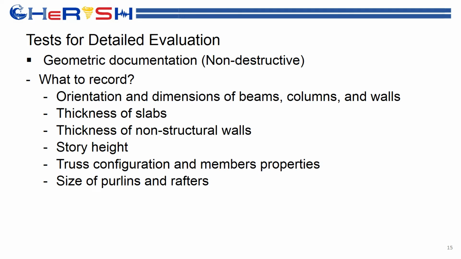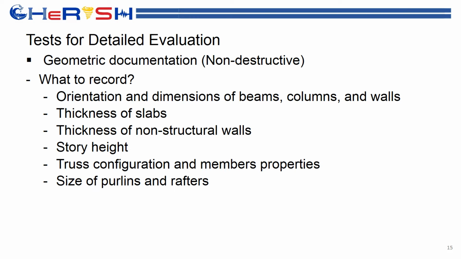But at the same time, these non-structural walls also provide additional stiffness to our structure. Then it is also important for us to account for what we call story height, okay? And that would, of course, allow us to properly develop a model, right?